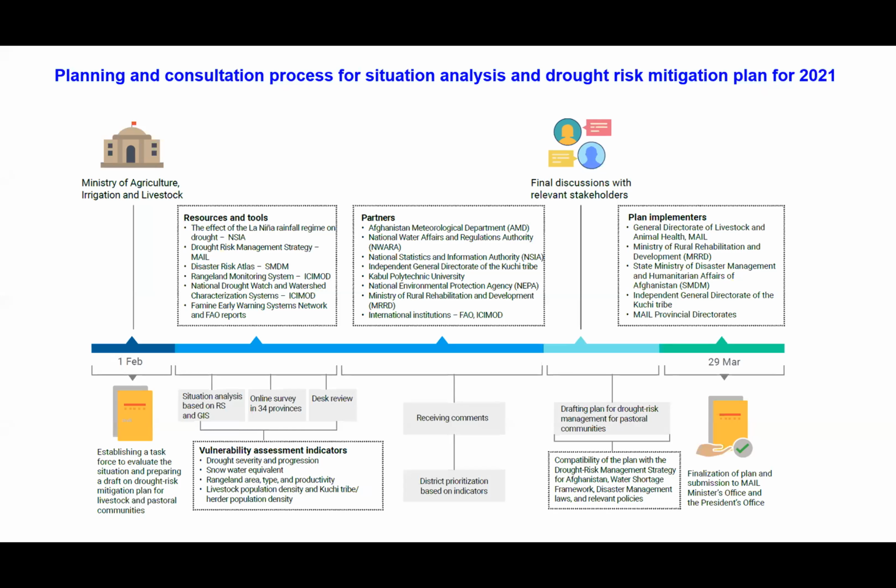Sea surface temperature in different regions affects the water movement. What was being observed by those climate system monitoring tools was that this year was going to be a La Nina year, and in most La Nina years, Afghanistan comes under water deficit.